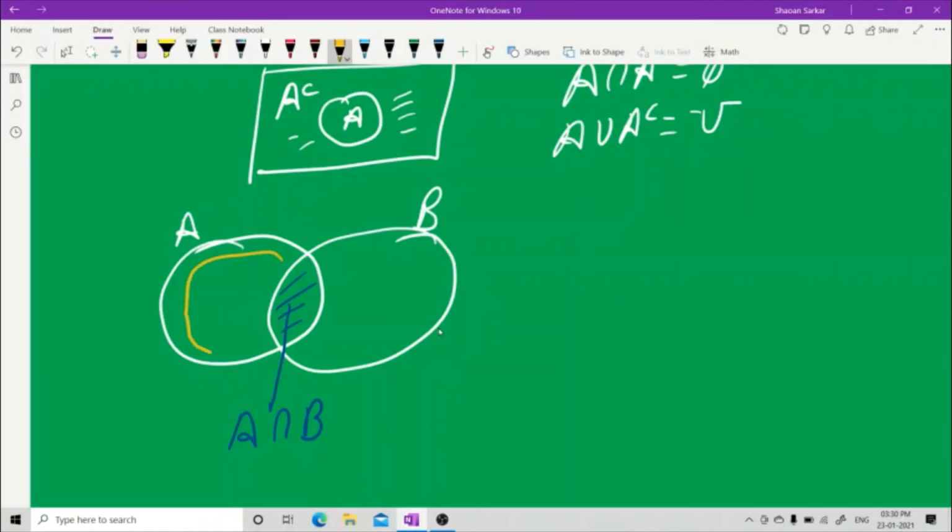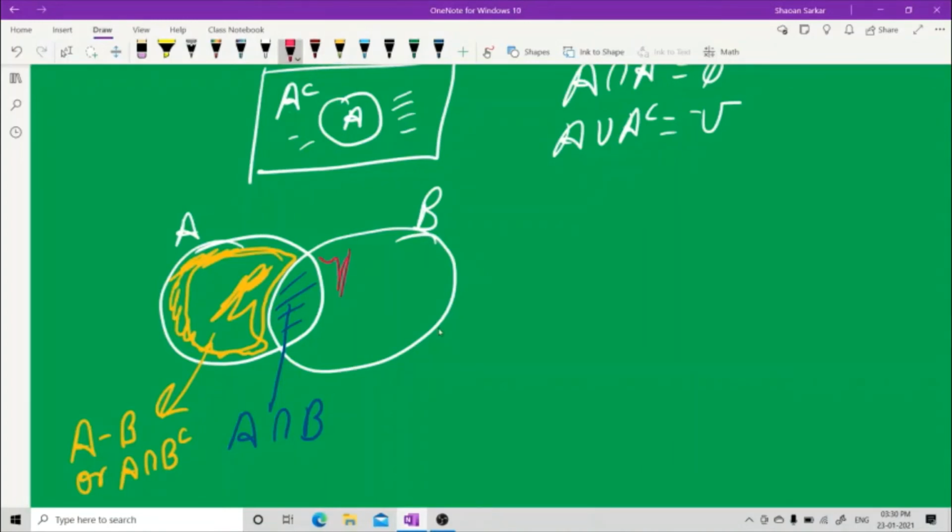This portion that I am coloring is called A minus B, or A intersection B complement. And this portion is called B minus A, or B intersection A complement.